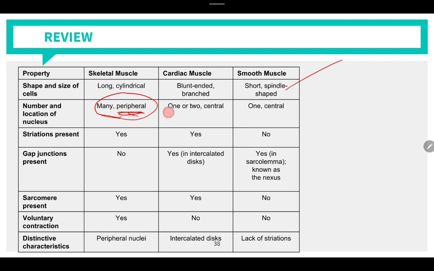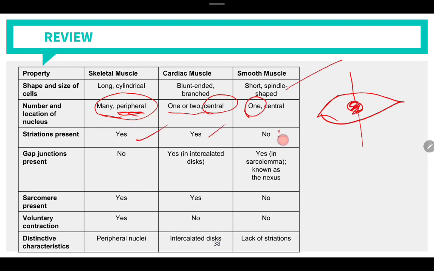Ang cardiac muscle, meron siyang 1 or 2 and central. Whereas the smooth muscle is only 1, diba? Saan siya located? Doon sa wide part niya. Okay? Diyan located ang kanyang nucleus. Okay? Striation, yes, yes, and no. So, please memorize this diagram, guys, because this will really help you to better understand the structures of your skeletal, cardiac, and smooth muscle. Okay?